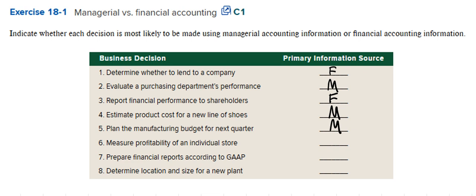Number 6, measure profitability of an individual store. This is also managerial accounting information that's used. If you're measuring profitability for one single store, external users of the financial statements, like investors and creditors, won't be able to have access to the information. This is only something that managers and directors have access to.